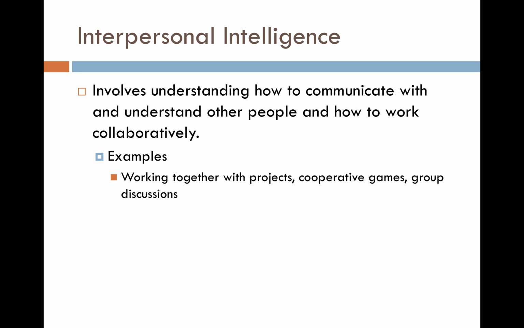They really enjoy working and communicating with a group. So when it comes to projects, they want to work together with someone else, or when it comes to discussions, they want it to be in a group discussion. If you see these characteristics within your students, more than likely they have interpersonal intelligence.